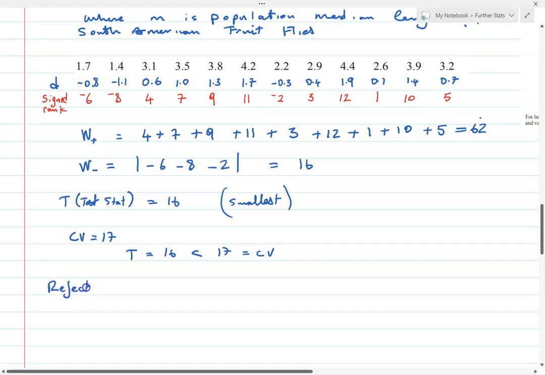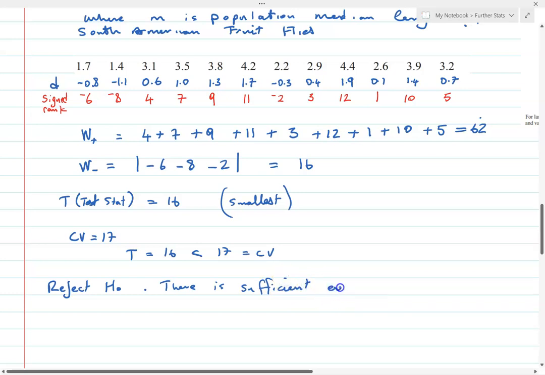And now we just need a contextual statement, which is something like: there is sufficient evidence, and we need uncertainty, as I always say with these things. Nothing definitive. We do not say they're bigger or anything too blunt.